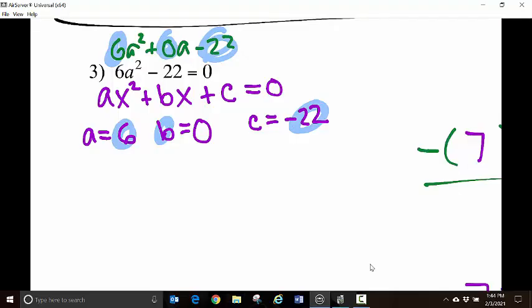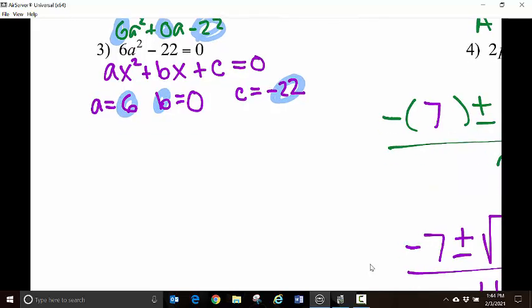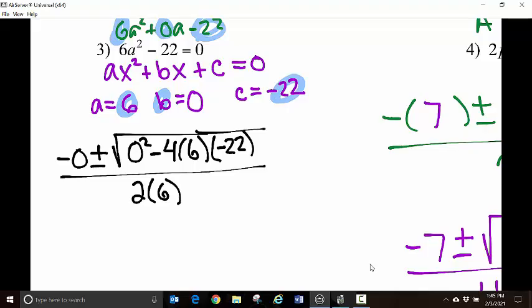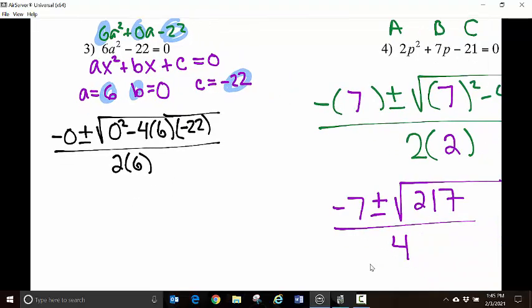Okay, guys, let's just do this one together. We're going to do negative 0 plus or minus the square root of 0 squared minus 4 times 6 times negative 22 all over 2 times 6. So we have 0. We don't really need that 0 in the front, right?